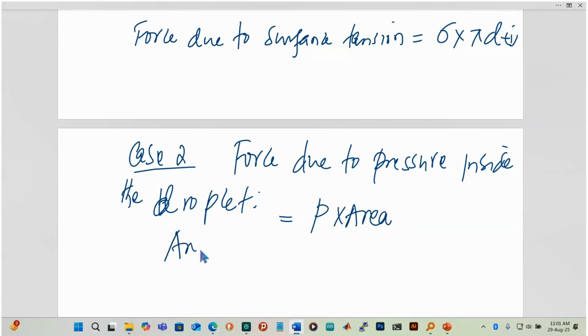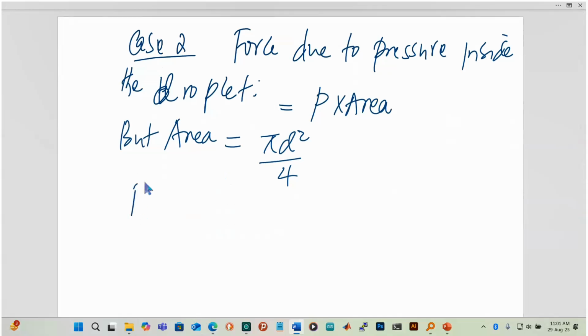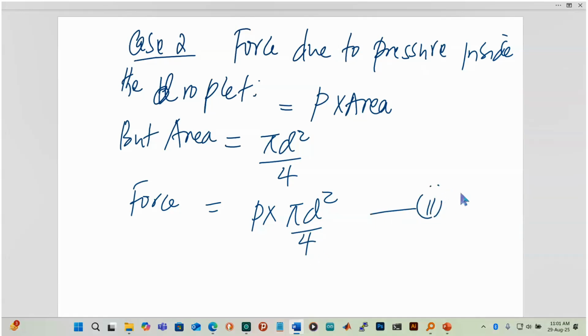But area is equal to pi d squared out of 4. So what does that mean? The force will therefore equal to pressure times pi d squared out of 4. And you can call this equation 2.